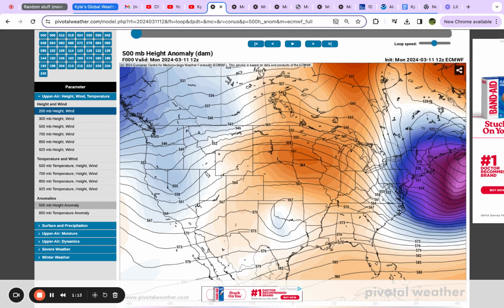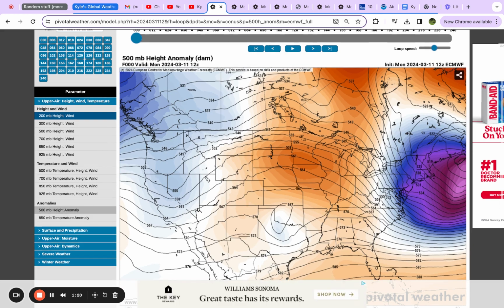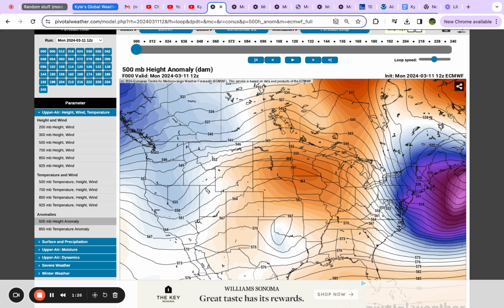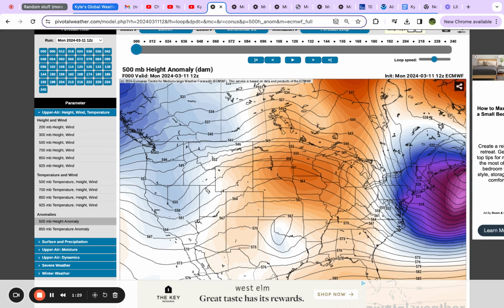We go through upper air, surface and precipitation, upper air in terms of moisture, dynamics, and then severe weather and even winter weather. So we're eventually going to dive into all those different categories throughout the course of even like the next year. And I don't even know if we're going to finish covering all of the basic things about that because meteorology is just such a complex subject.